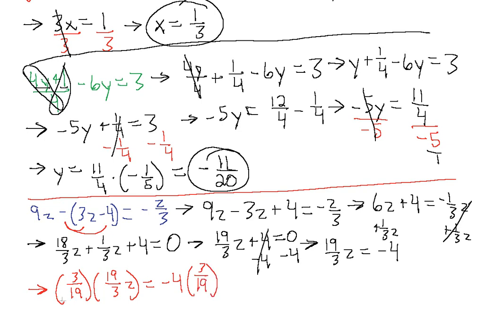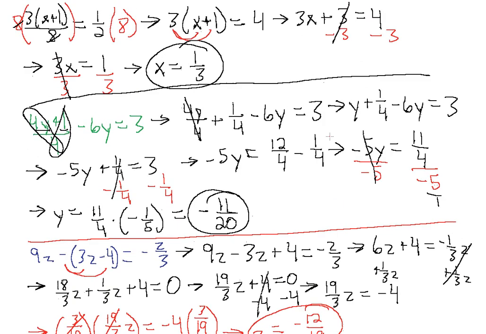Doesn't change our equation. This cancels with this. So we have z left on the left. Minus 4 times 3 is a minus 12 over 19. And there you go.